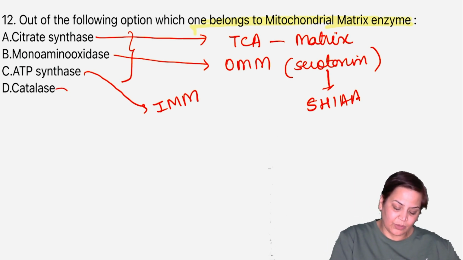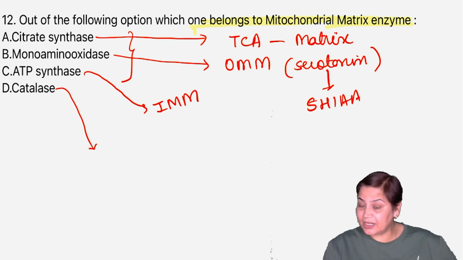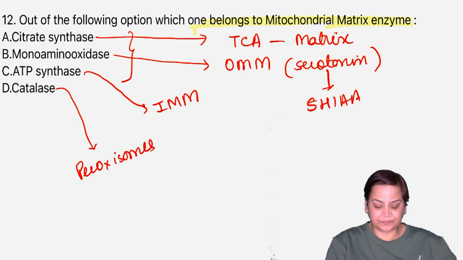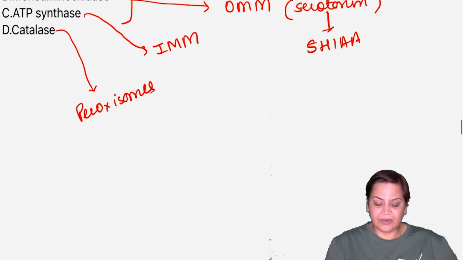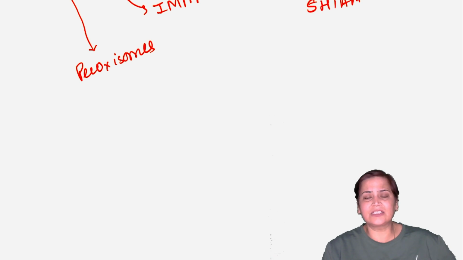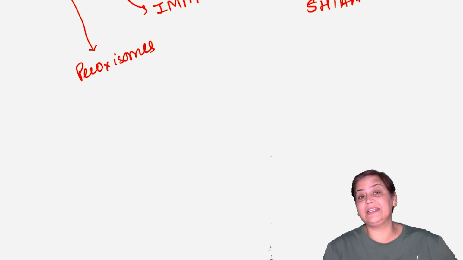Catalase and peroxidase work antagonistically and protect the body from oxidative damage, and they are found in the peroxisomes. Then related to cholesterol synthesis, one question has been asked on the rate limiting enzyme of cholesterol biosynthesis. So it is HMG CoA reductase.